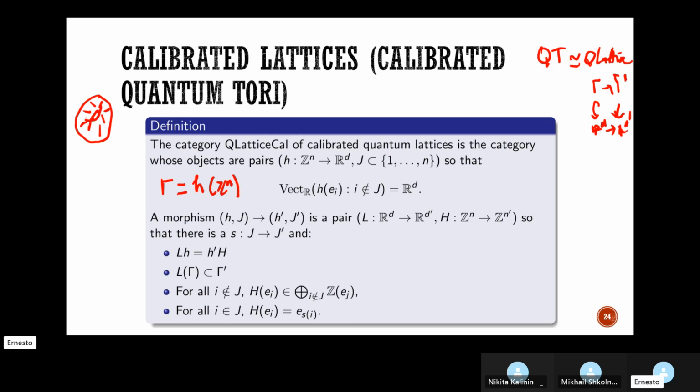If I have this finitely generated group, I insist on seeing it as the image of a nice lattice of a higher dimension. Typically, n is bigger than d.